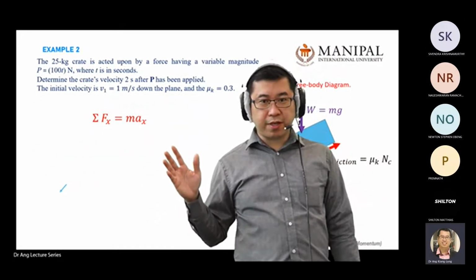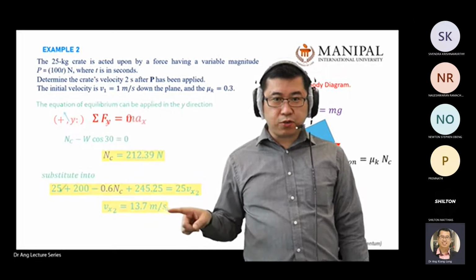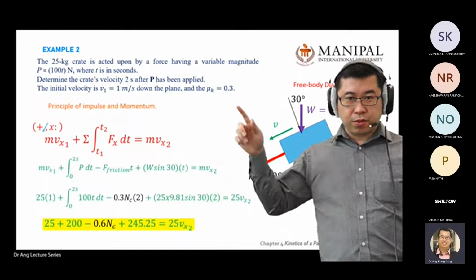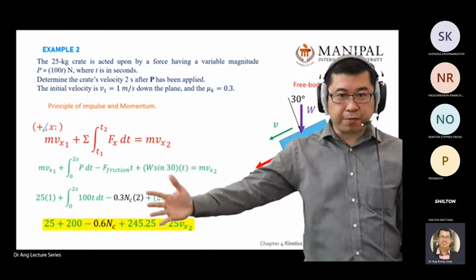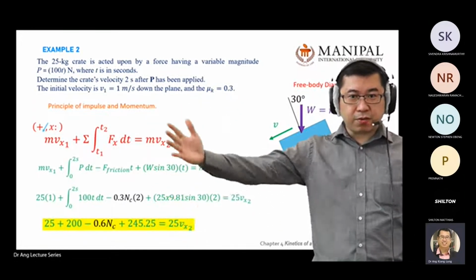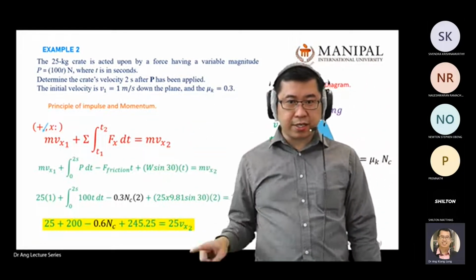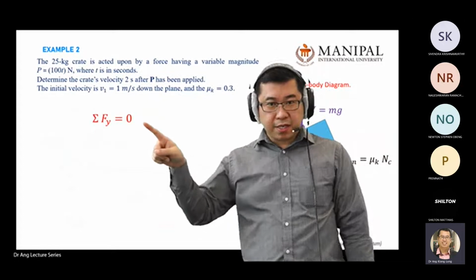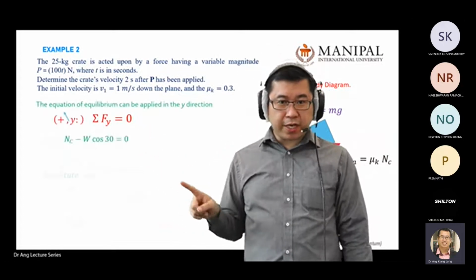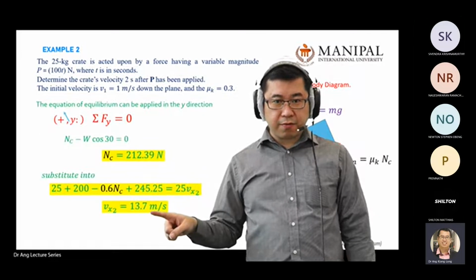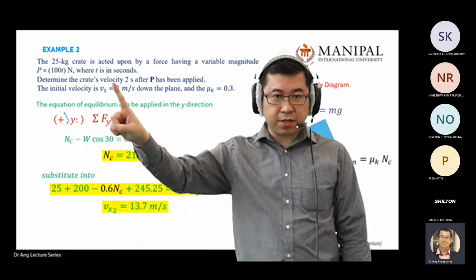Previously, we already solved the V2 with principle of impulse and momentum. This one we solve using principle of impulse momentum, this equation in x direction, plus the equilibrium equation. Only get the N and the velocity asked by the question.